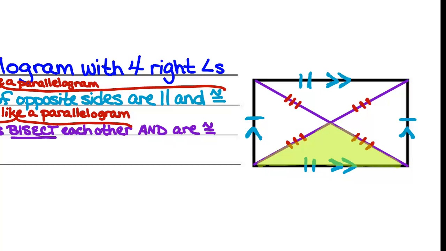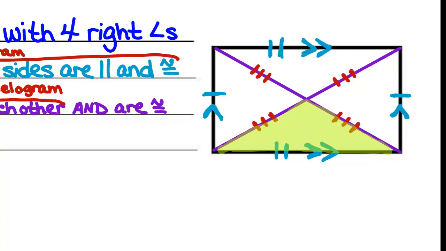Close. I don't know that it's 45-45 because I don't know that that diagonal is bisecting my angle, but I like what you're looking at. It's an isosceles triangle. These two sides are congruent to each other, which means it's also going to have two angles that are congruent to each other. So this makes an isosceles triangle.